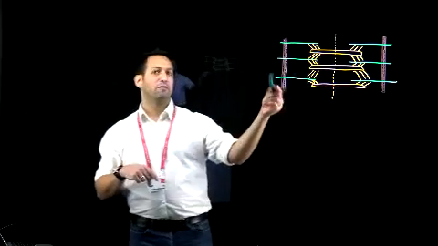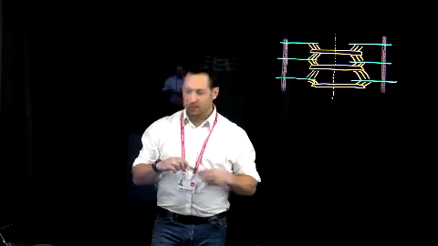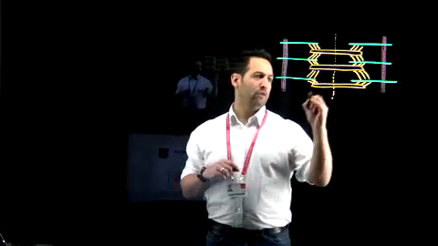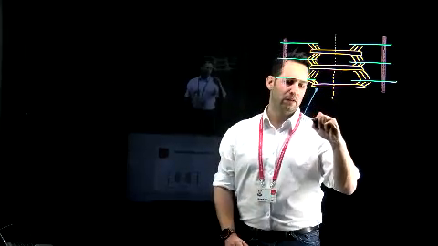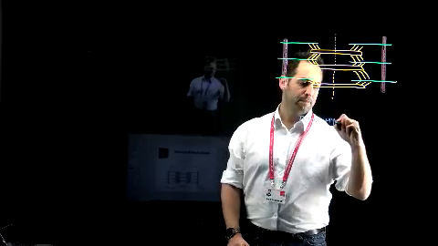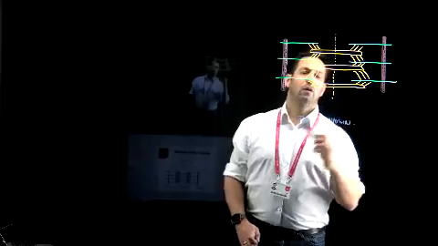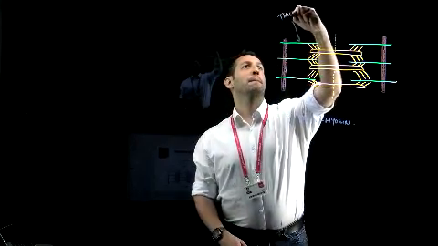So what I wanted to do was just do a little bit of a recap, and what you can see, I've just sketched out a very rudimentary version of a sarcomere over here. And we'll just have a little recap of exactly what's going on. What we've got here is a thick filament, which is called myosin. We've got our thin filament, which is actin.